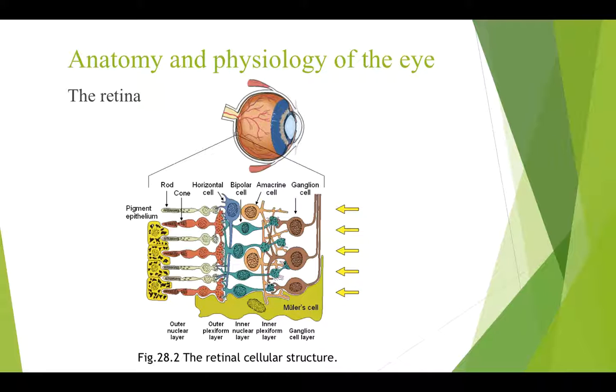Just behind the rods and cones is the retinal pigment epithelium. Its major function is to supply the metabolic needs of the photoreceptors. The rods respond to dim light, whereas the cones contribute to vision in bright light and in color. This area is the site of visual excitation.